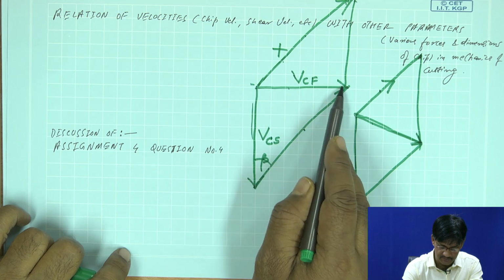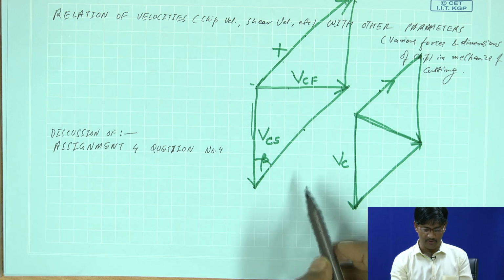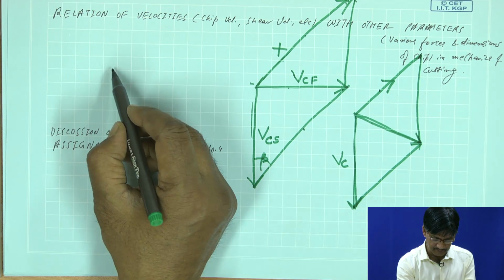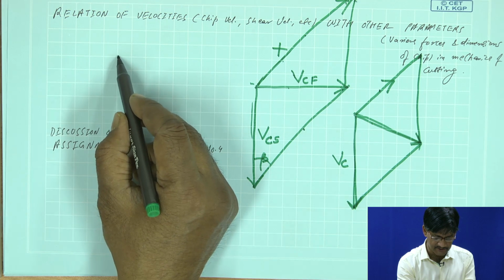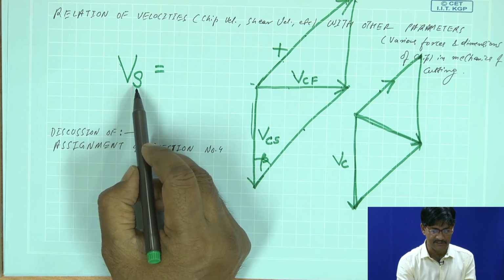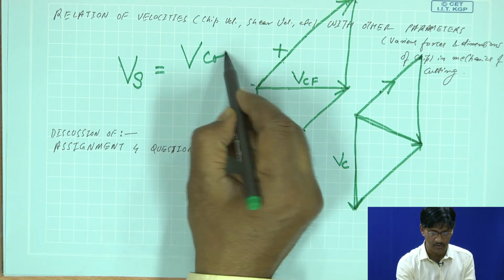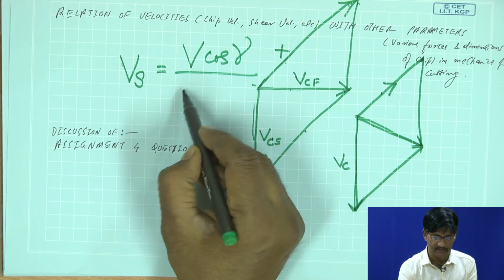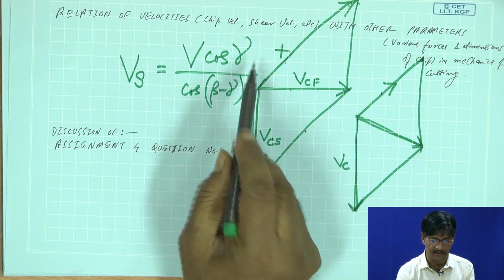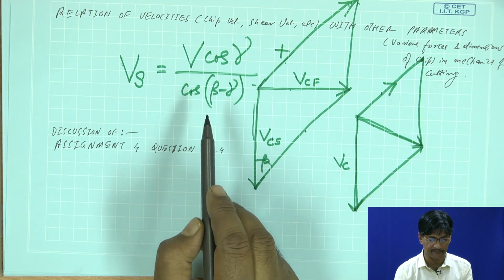Rake angle is equal to 0 and therefore, if you put in the values of rake angle and shear angle, if I remember correctly, you will get a relation of this type. Shear velocity is equal to cutting velocity into cos gamma divided by cos of beta minus gamma, where gamma is the orthogonal rake and beta is the shear angle.